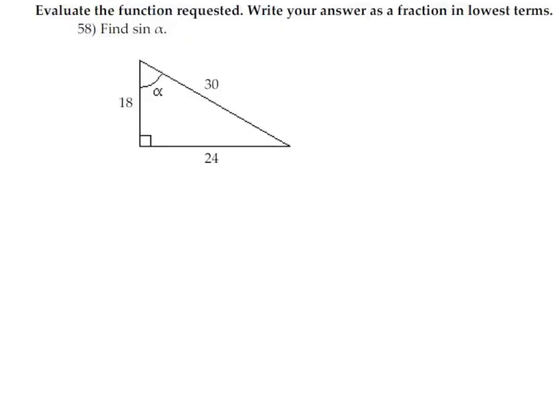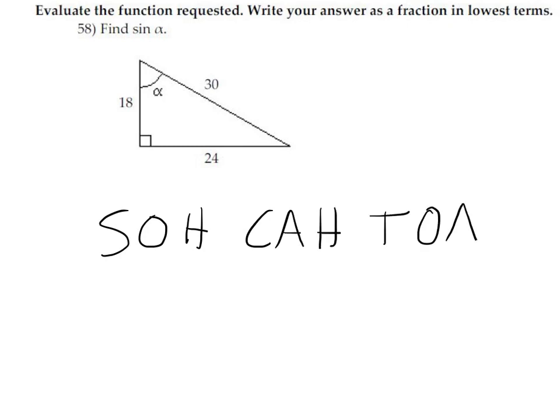We want to find sine alpha. When you have a triangle, one of the best techniques for finding sine, cosine, tangent, and the reciprocals is SOHCAHTOA. For whatever reason, that seems to stick in students' brains. SOHCAHTOA. Go soak your toe.